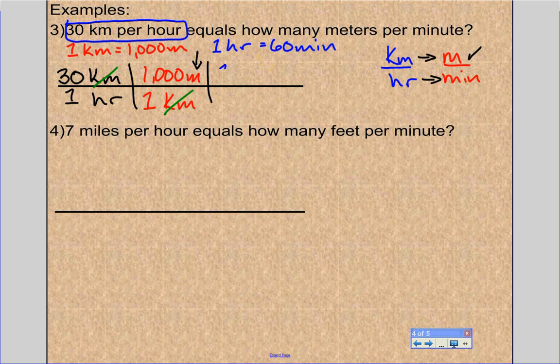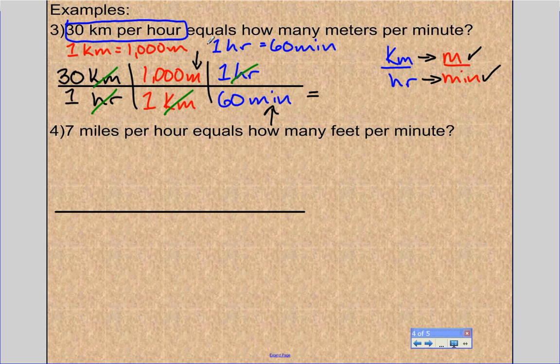So I'm going to put the 1 hour on top and the 60 minutes on the bottom. So now I have hours over hours that cancels out. If I check my units, I now have meters on top, minutes on the bottom. That's what I want. And so now I can just multiply straight across.